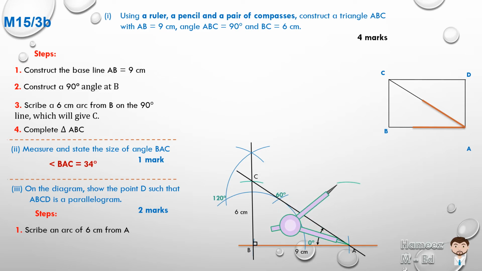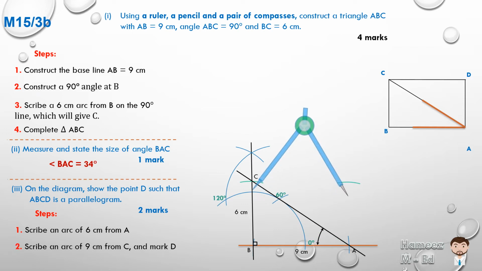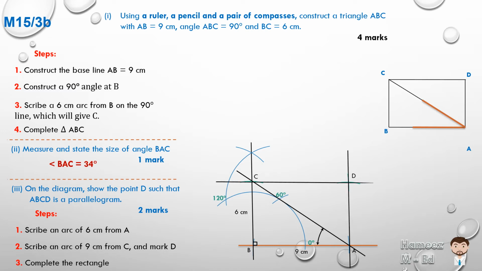And now we know CD and AB have the same length, which is 9 centimeters. So we can rest our metal point on C, mark an arc of 9 cm from C, and where the two arcs intersect, that is D. So complete the rectangle. Let's draw the line up, passing through A and D, and the line across passing through C and D. And we have our rectangle.